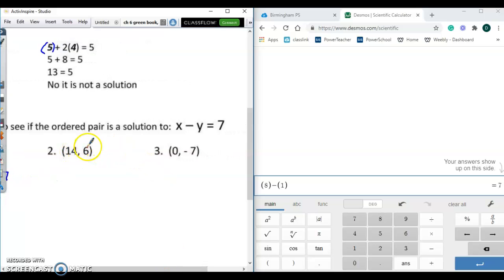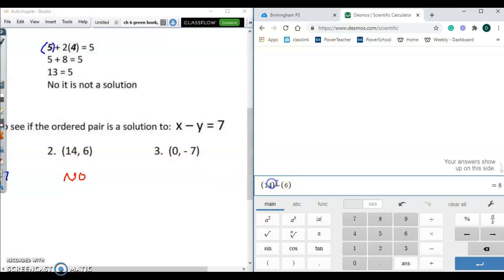Alright, so I'm going to come over here now. If I have 14 for x and 6 for y, well, over here I've already put it in. So I can just type it in. 14 for my x, 6 for my y, and it comes out to equal 8. Does that equal 7? So that would not be a solution, because it equals 8. Alright, so now I'm going to try 0 and negative 7 for my y.